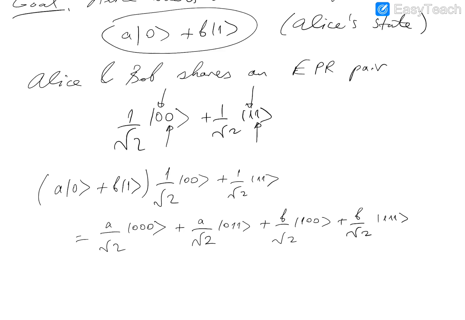Now only the third qubit belongs to Bob. The first two qubits belong to Alice, so Alice can access the first two qubits only.